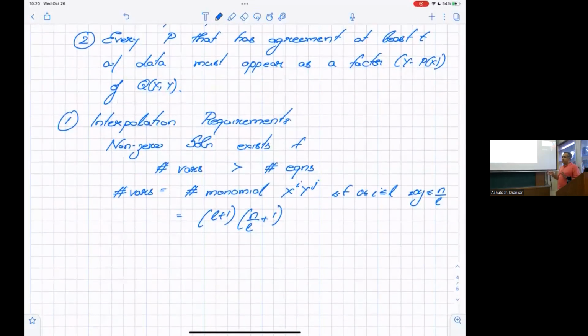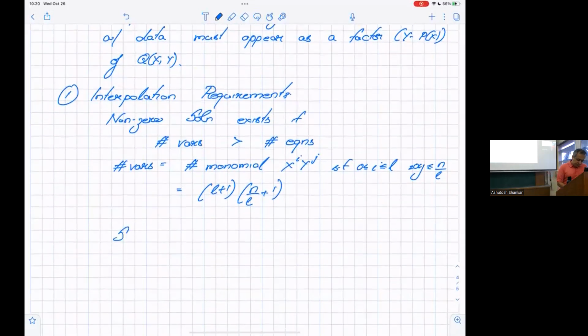And this has been set up such that this is a number larger than n always, since L plus 1 is greater than n for all L, so non-zero solutions exist. Number of equations.